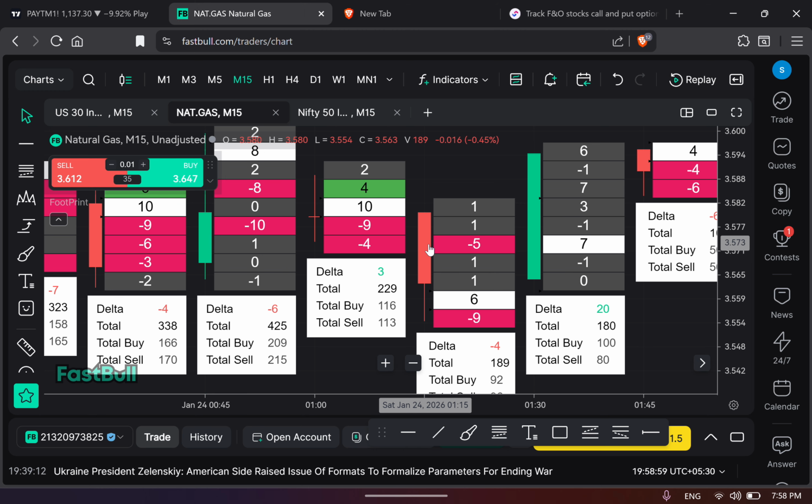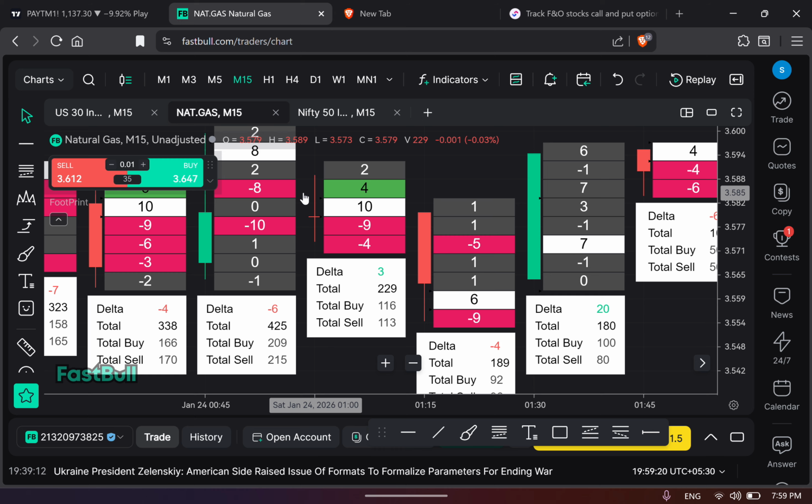If it happened aggressively, see here, if you combine this candle at this price level, negative 5 means 5 contracts at the market price, the people sold it. That is the reason it is clearly showing in a red color. Okay, see here, 4 contracts were traded at the market price, bought it.